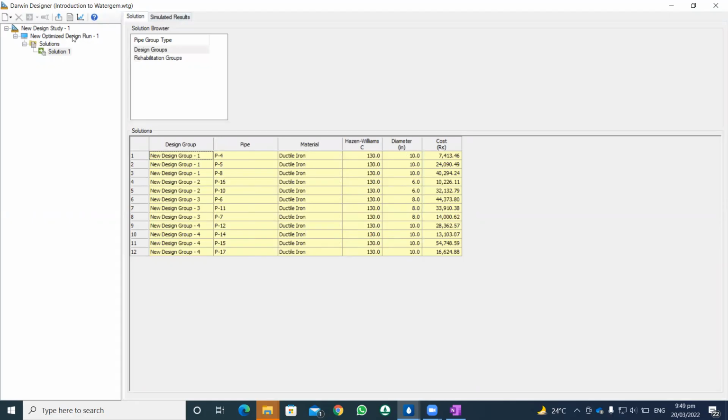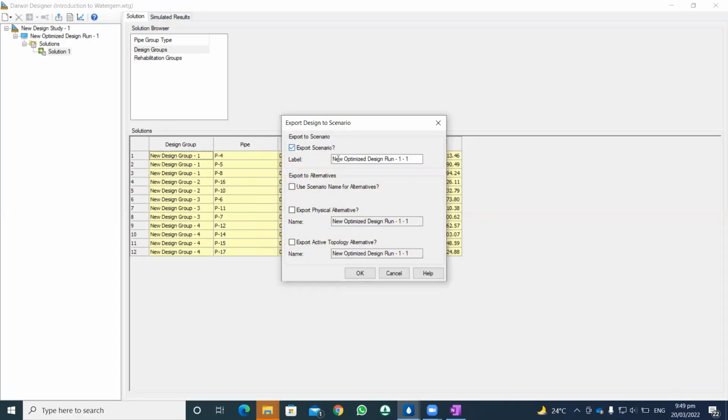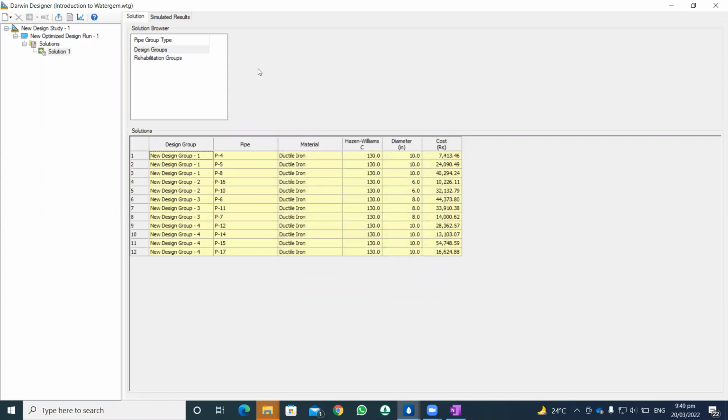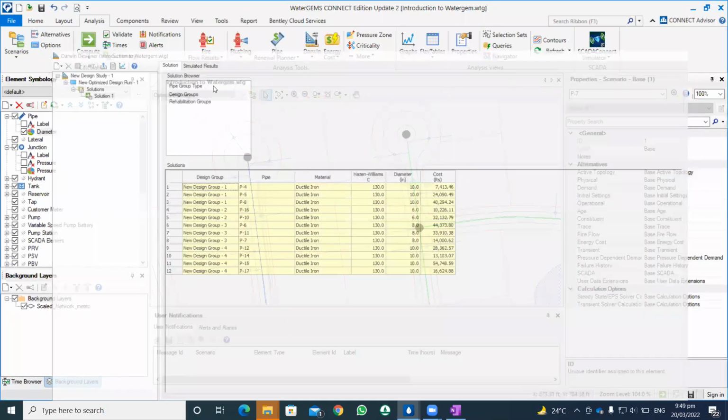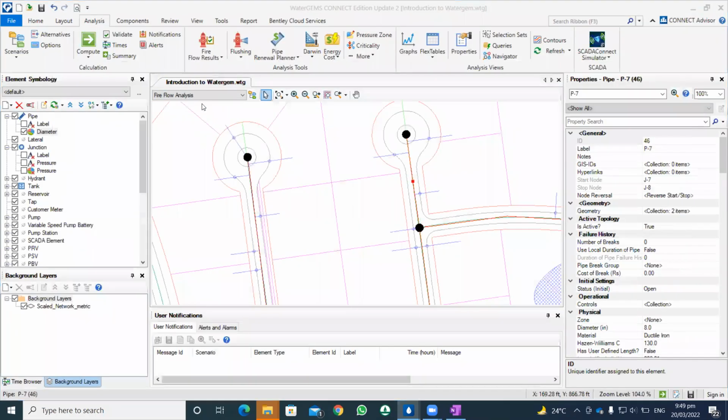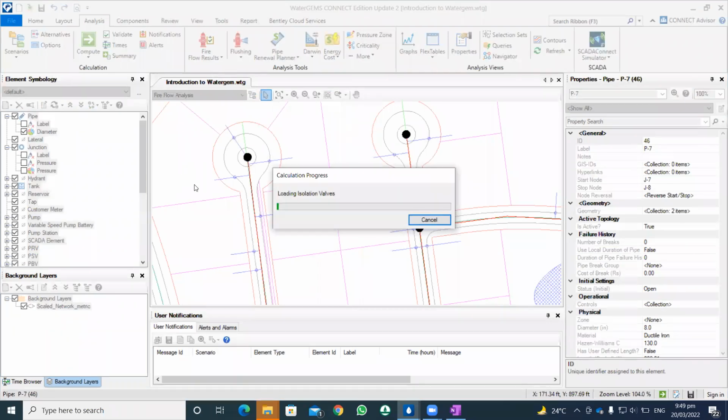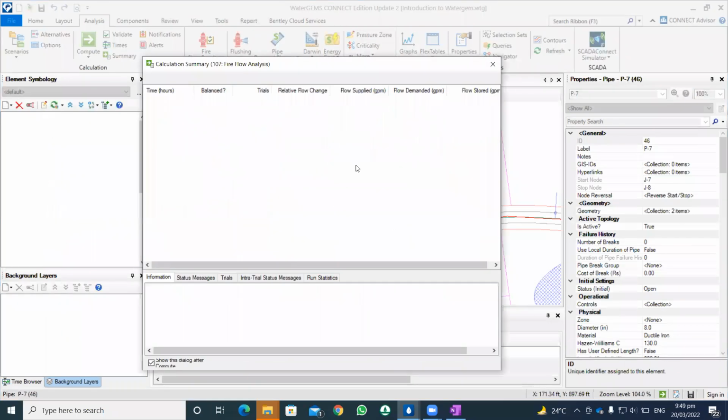So you can then export that specific scenario to the fire flow analysis, and then running that specific scenario, you can check the results.